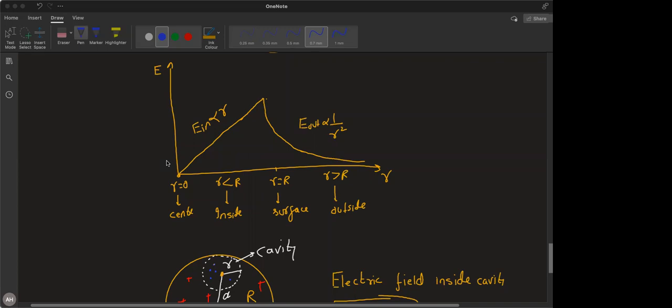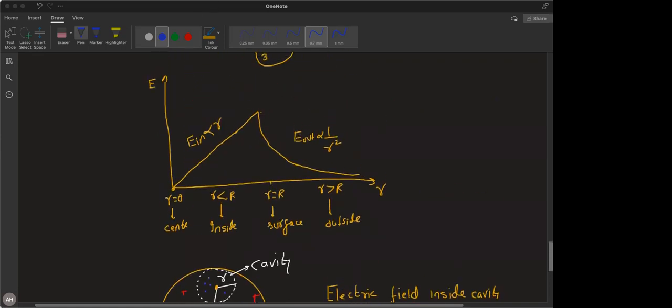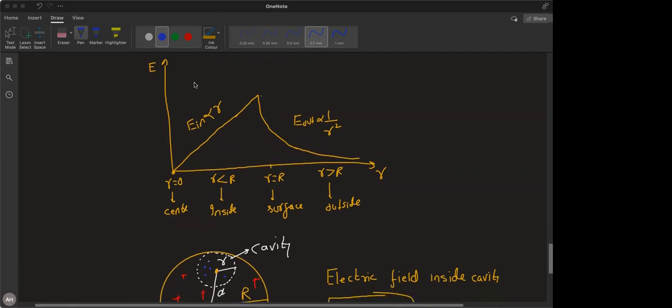Can I scroll it? Yes, sir. Okay. Sir, can you show the graph once? Thank you, sir.